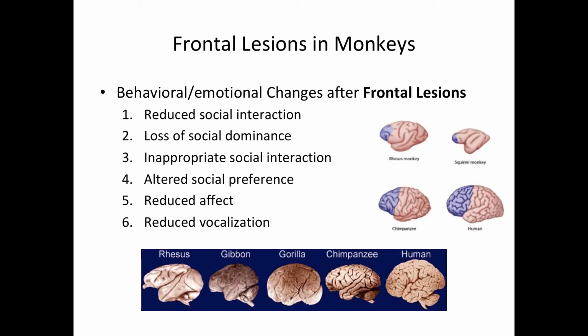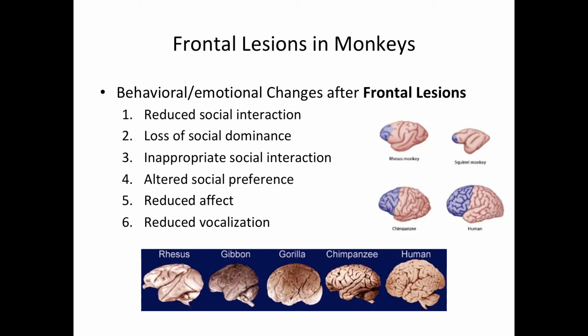And number 5 is reduced affect, so less emotion. Monkeys with frontal lesions largely abandon their facial expressions, posturings, and gesturings in social situations. So these monkeys will show a drastic drop in the frequency and variability of facial expressions and always have some form of poker face on.